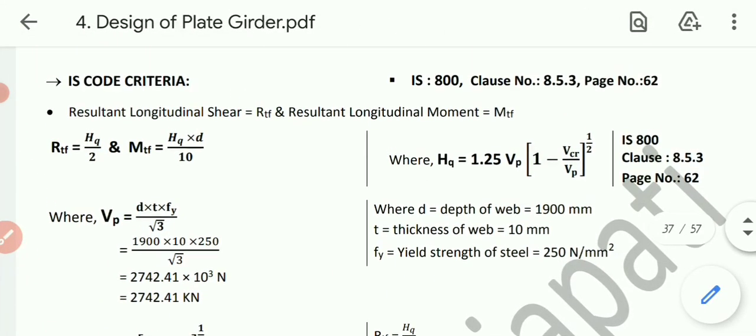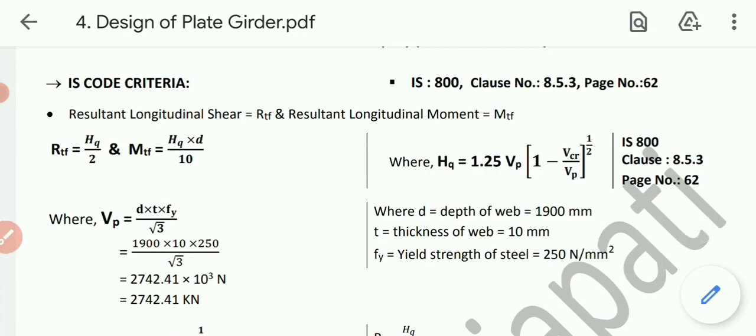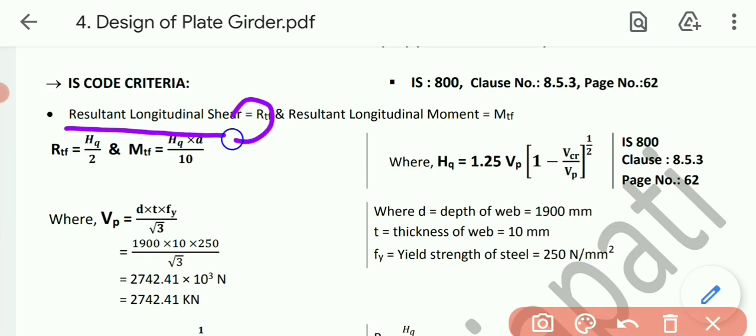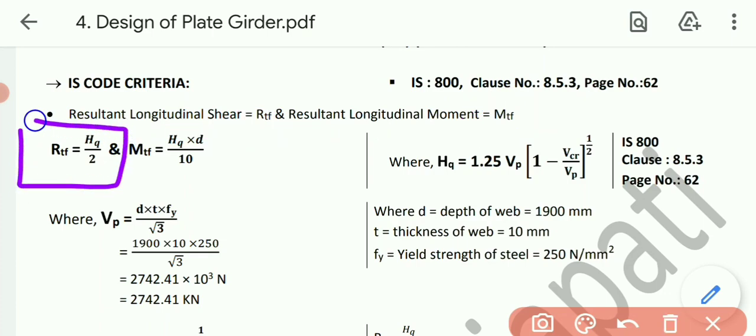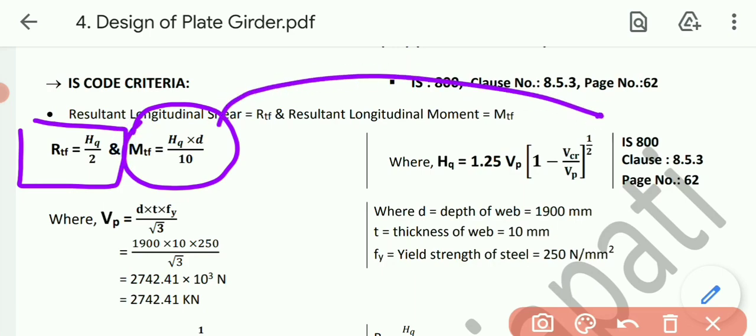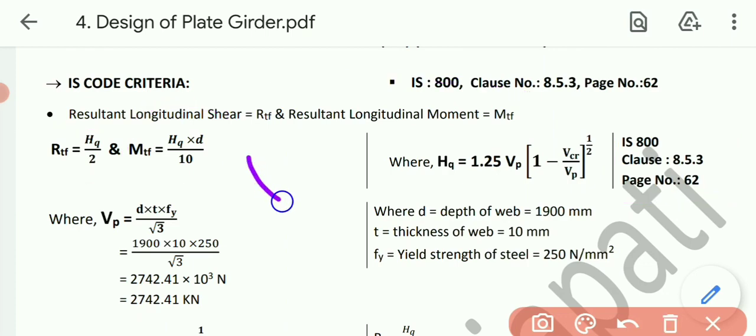So as we have discussed, first of all let's write down the formula of the code. Resultant longitudinal shear, that is RTF, and resultant longitudinal moment, that is MTF. RTF's formula is HQ by 2 and MTF's formula is HQ into D by 10, both given in clause 8.5.3, page number 62. Now in this one, HQ is this one.